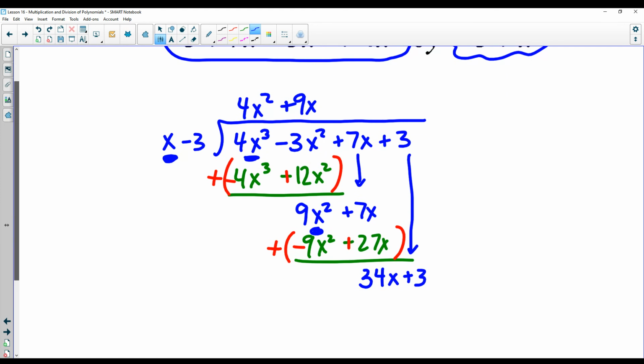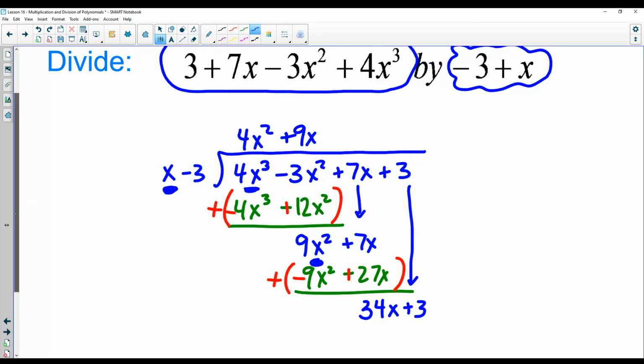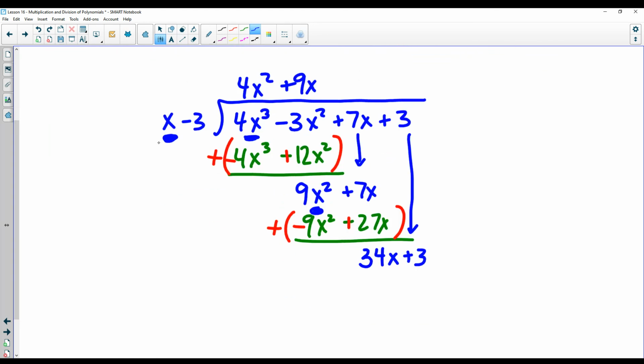All right, next up, bring down the 3 and do it again. What's being divided? Who's doing the dividing? Just the first term x into just the first term inside. X goes into 34x 34 times, and multiply. 34 times x is 34x, and then 34 times negative 3 is, let's see, 34 times 3 off to the side, because I have to do it old school.